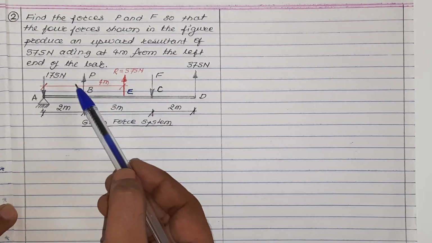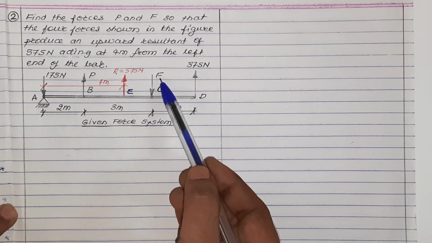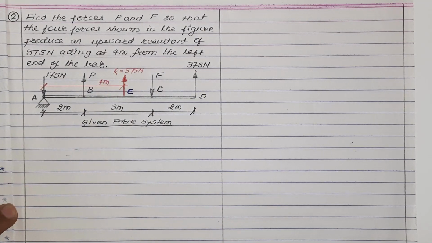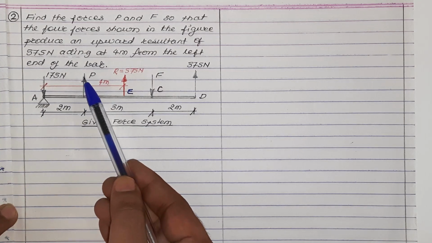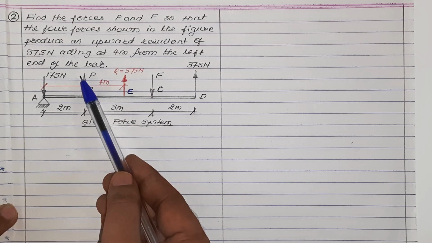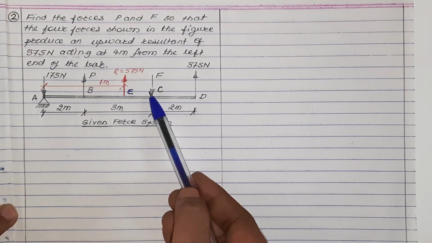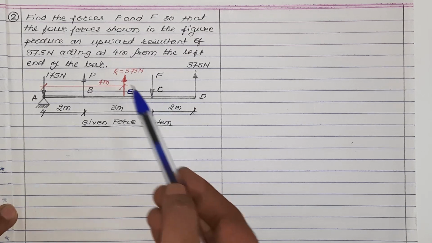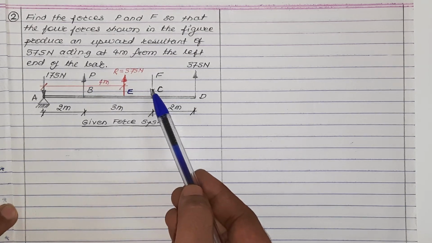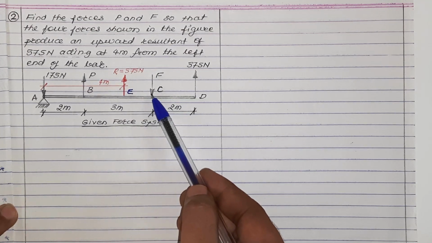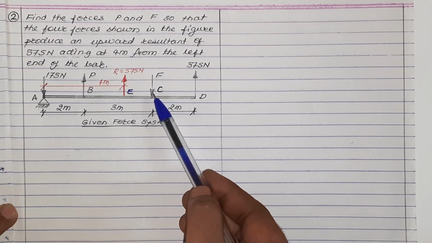We want to find out the unknown vertical forces P and F for this condition. From this we can understand that forces are not known to us, but their directions are mentioned. Now these directions may be correct or may not be correct. Hence, we will continue with the same direction in this numerical for the solution, and at the end we will decide whether these directions which are mentioned in the figure are correct or not.